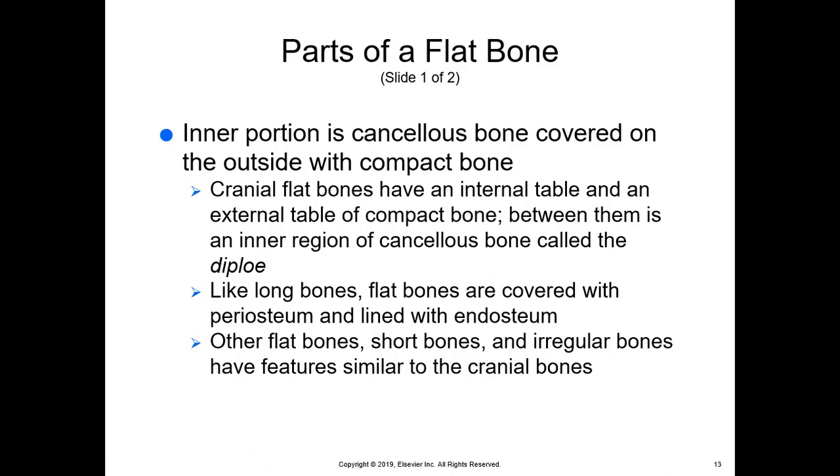They also say cancellous bone, but cancellous and spongy are the same. Like long bones, the flat bones are covered with periosteum, and they're lined on the inside with endosteum. The other flat bones, short bones and irregular bones have features that are similar to the cranial bones.